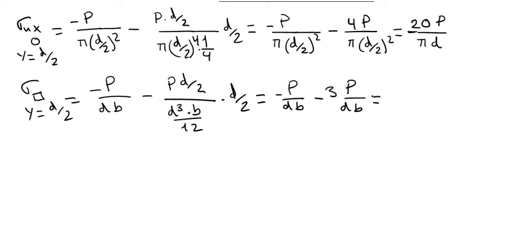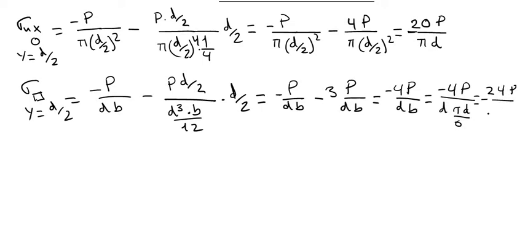So this is minus 4P divided by db, and if we write the value of b we have calculated before, that is πd divided by 6, we have minus 24P divided by πd². This is the maximum normal stress, negative, that is compressive stress in the rectangular cross section.